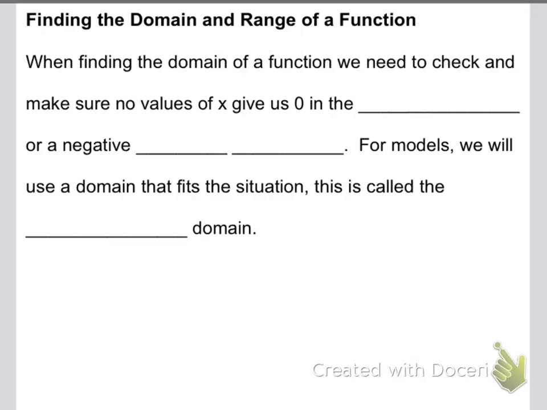When finding the domain of a function, we need to check and make sure no values of x give us 0 in the denominator, or, let's be more specific here, a negative under the square root sign.